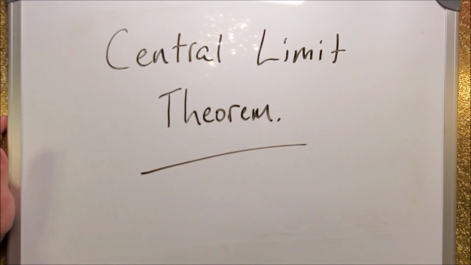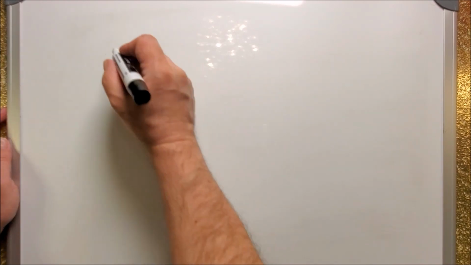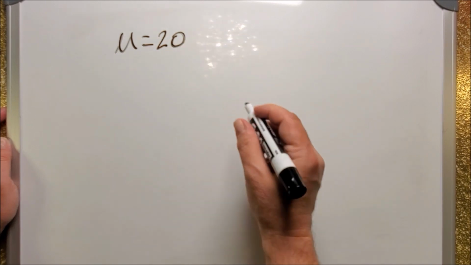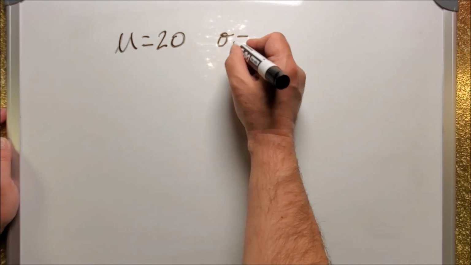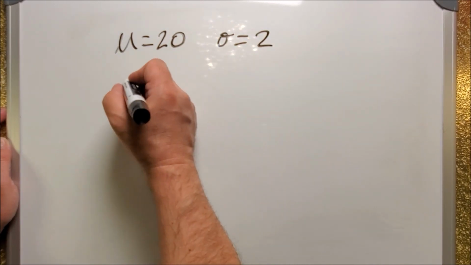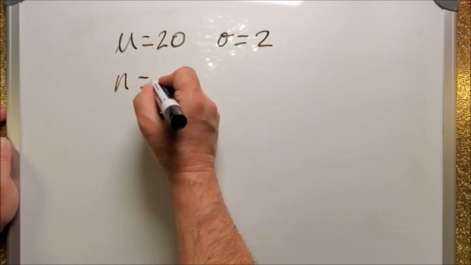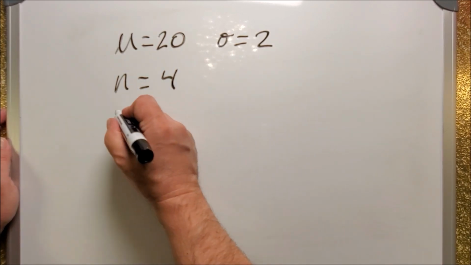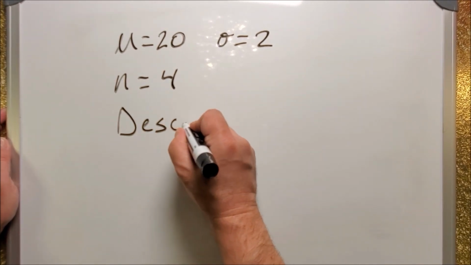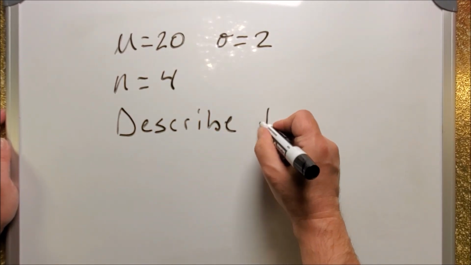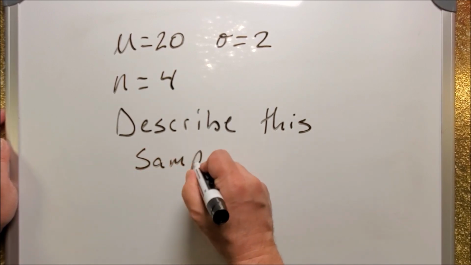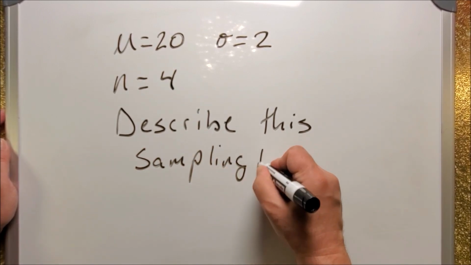And it's super important. So let's play around with this a little bit. Let's imagine that we have that population with a mu of 20 and a sigma, a standard deviation, of 2, and we're going to take samples of size 4. Let's go ahead and describe this sampling distribution, this distribution of sample means.